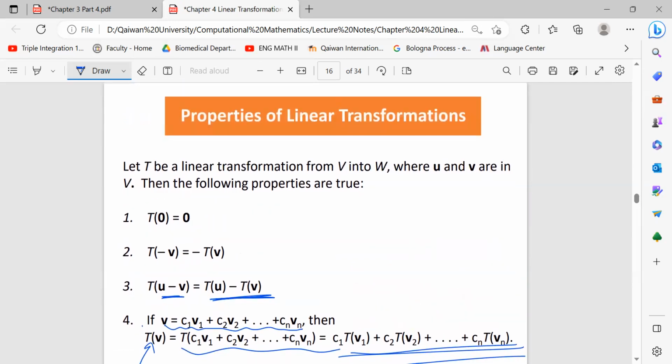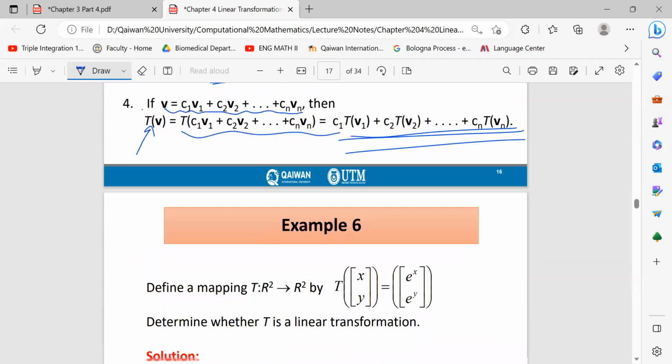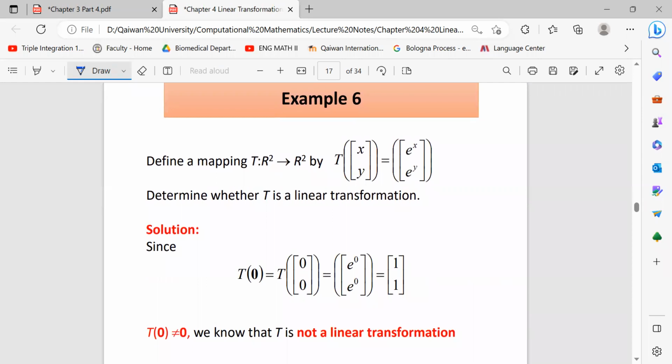Here, if we are given a function and it says it's a linear transformation, it must also satisfy these properties. So if a mapping doesn't satisfy at least one of these, we say it's not a linear transformation. All linear transformations must satisfy these four properties. Here we have a mapping from R2 to R2.